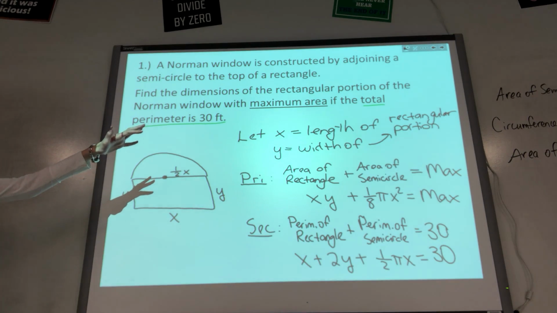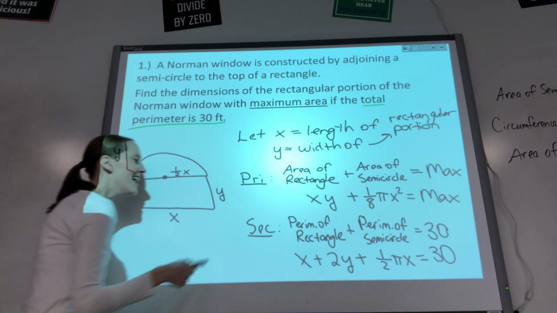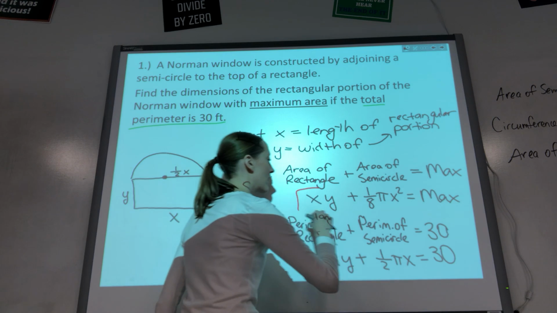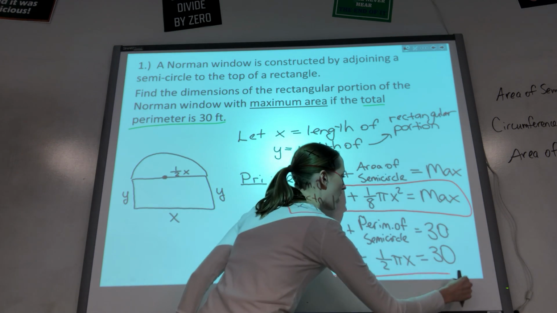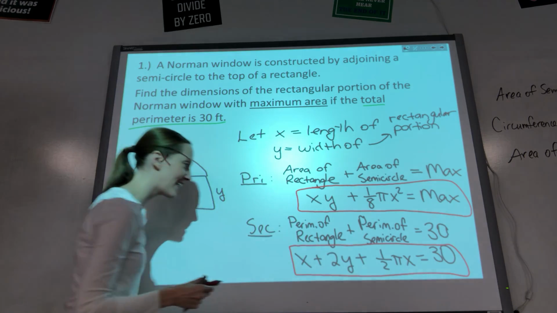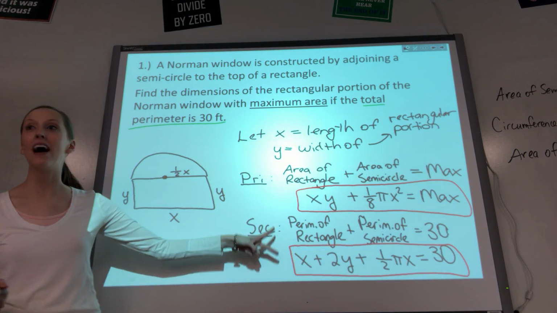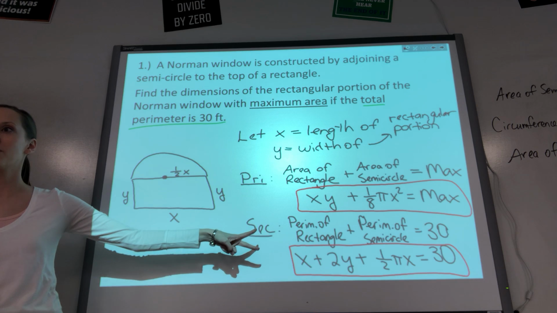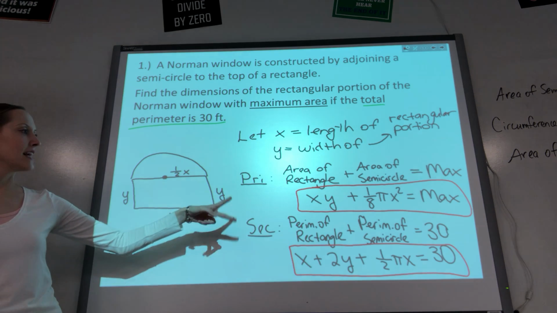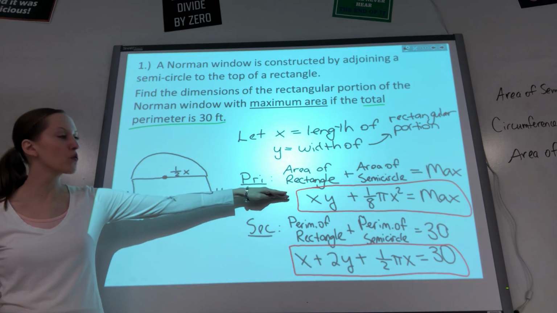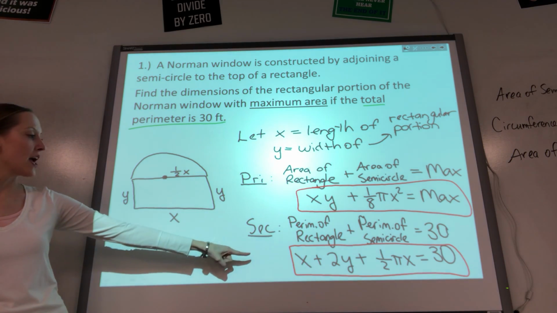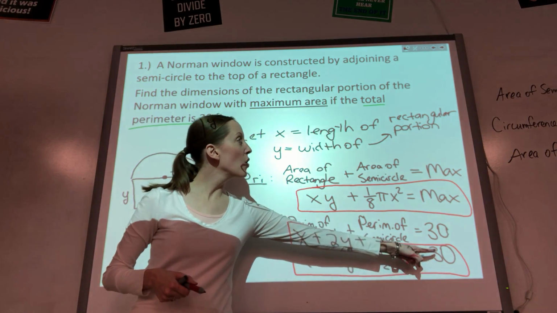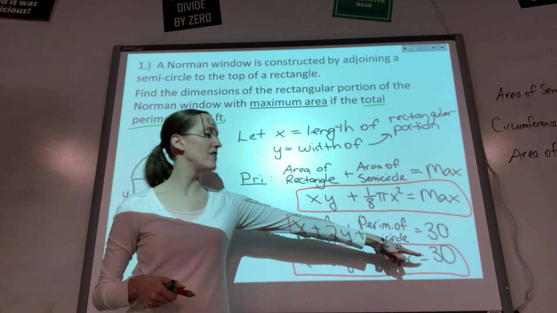All that work, and the only thing we've done so far is come up with our primary equation and our secondary. Any questions about how we got those? The good news is in your homework, you can reuse these, but the only thing that will change is that. Your perimeter may not be 30 feet in your homework.